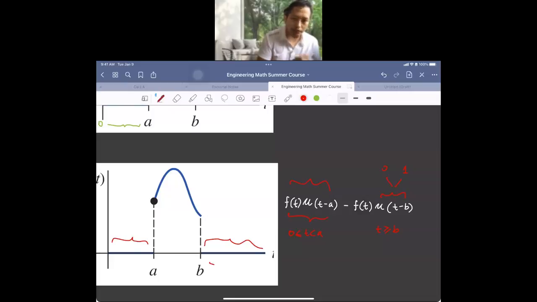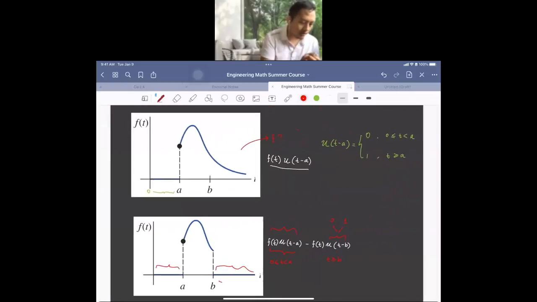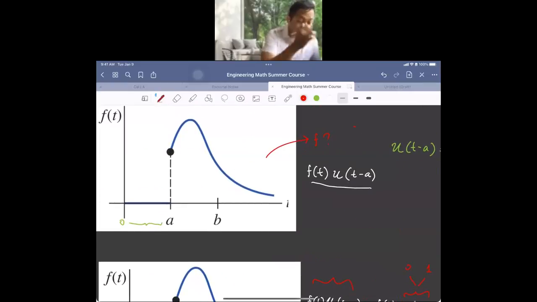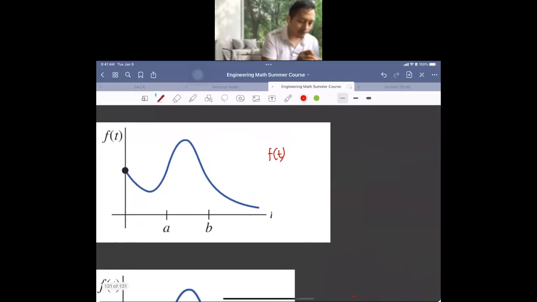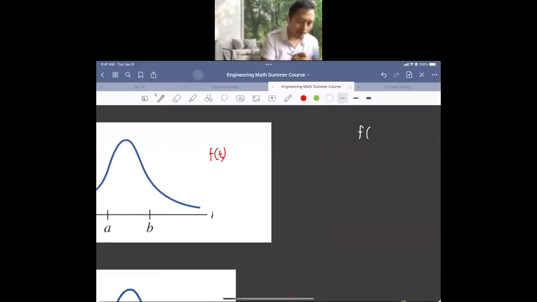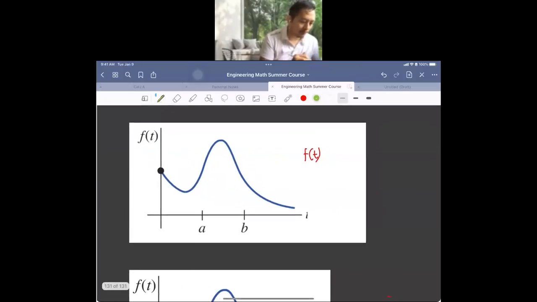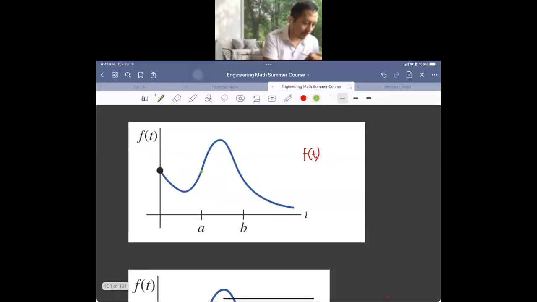Another variation that we might have is, if this is f of t, we can also have f of t minus a, which means we can shift the graph and make a new graph, shifted from here and making the same graph like that.